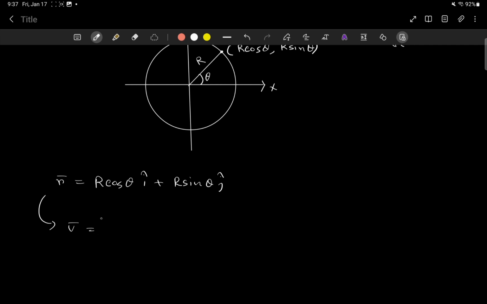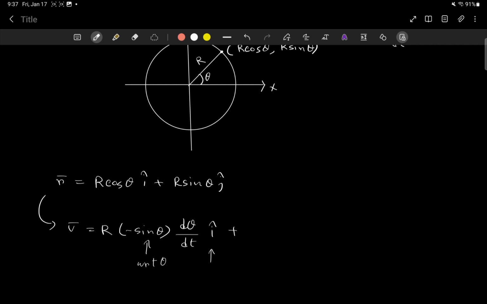r cos theta will be differentiated to minus sin theta, and since we have differentiated with respect to theta, according to the chain rule we have to differentiate with respect to time as well, because we are differentiating both sides with time. The unit vector i cap is a constant, so it doesn't affect the differentiation.